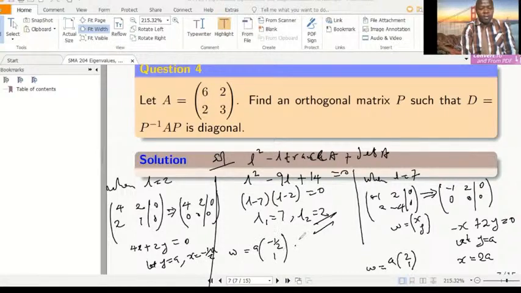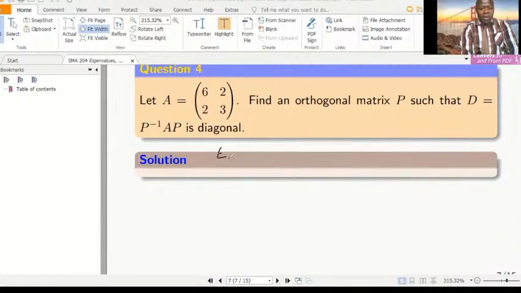Or we can say that is (negative 1, 2), when I multiply this by 2. So this is the other eigenvector. Let me just write what I have. When the eigenvalue was 7, we found the eigenvector to be (2, 1).